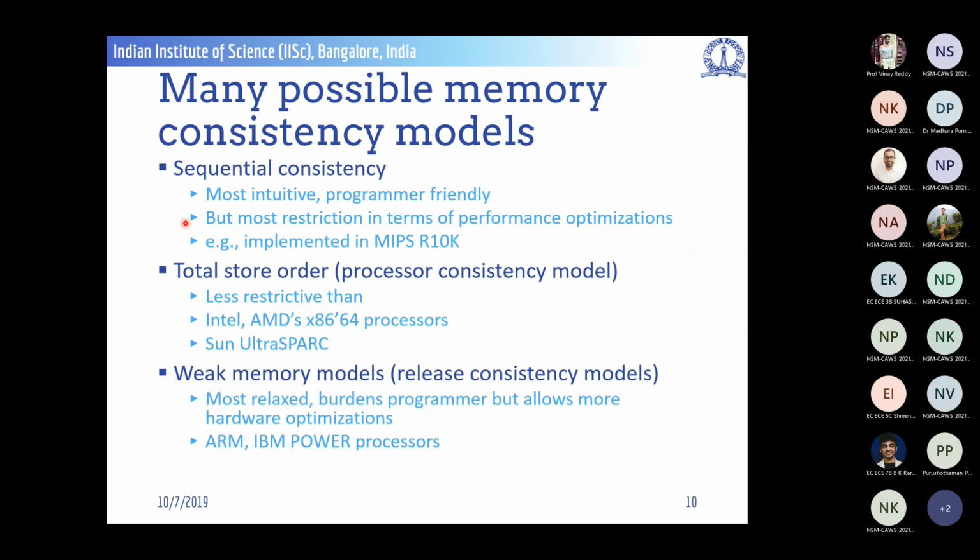It is less restrictive than sequential consistency, which means it allows more performance optimization in the hardware. This is something Intel's and AMD's processors support, but at the cost of some programmability. Then we'll quickly touch, hopefully if we have time, on what we call weaker memory consistency models, which allow more and more performance optimizations but ask more from the programmer to write a correct program. So there is a trade-off, and this is something that ARM and IBM Power processors implement.